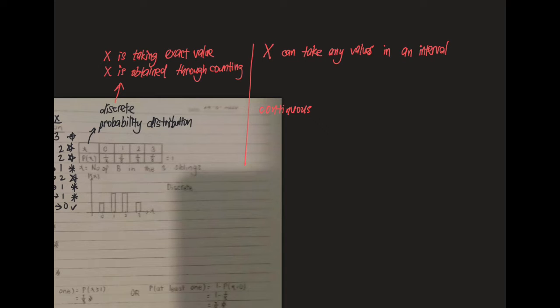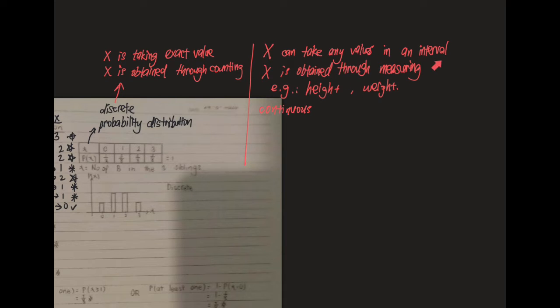So x is obtained through measuring. To make it clear, I give one example: height, and weight. Give two examples. These are continuous because height can be any value in a particular interval.